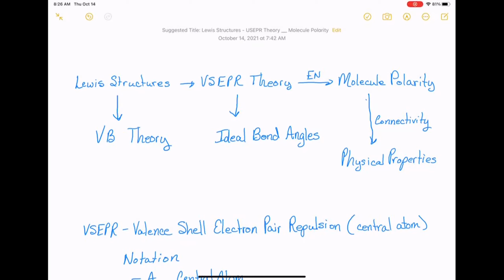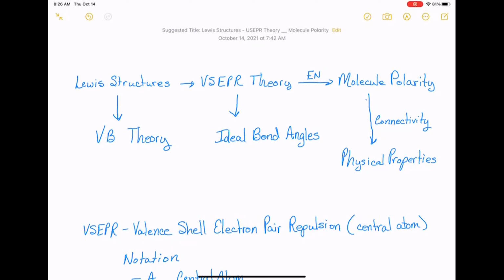From the Lewis structures, we will also use VSEPR theory to determine the electron geometry as well as the molecular geometry. Using that VSEPR theory, we can take the electron geometry and determine the ideal bond angles.